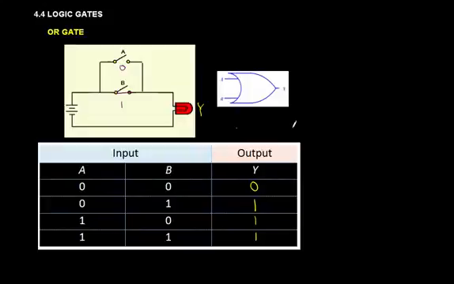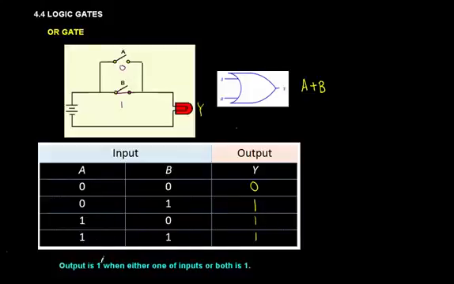For Boolean algebra, you can represent this with A plus B. So 0 plus 0 is 0, 0 plus 1 is 1, 1 plus 0 is 1. Note the difference, 1 and 1 is 1. Summary, output is 1 when either one of the inputs or both is 1. So 0 and 1 will be 1, and it's only 0 when both are zeros.